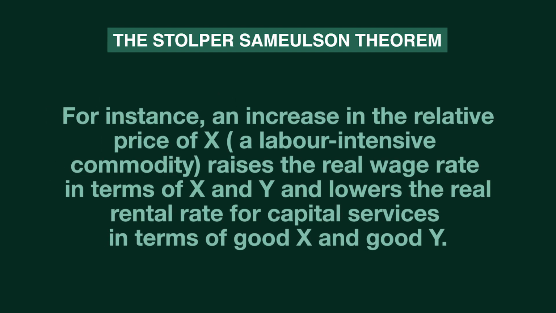For instance, suppose there is a rise in the relative price of good X, and mind you, we have assumed good X to be a labor-abundant good which uses labor intensively. The rise in the price of that good is supposed to increase the real wage in terms of both good X and Y, whereas the real return to capital in terms of both the goods is supposed to fall.